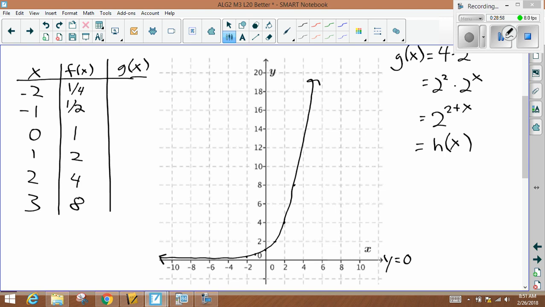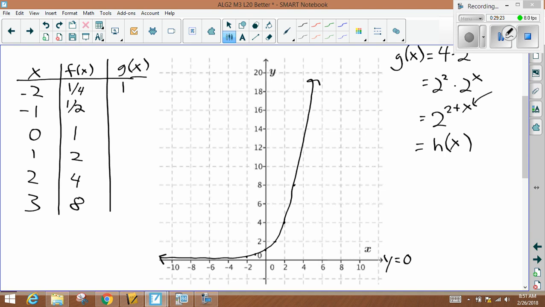Okay, let's look at g of x. What's going to happen for g of x? I'm plugging values in here since g of x and h of x are the same. So g of -2 is going to give me 2 to the 0 power, or 1.